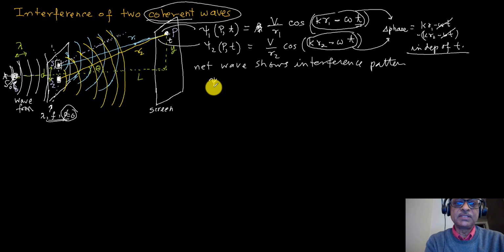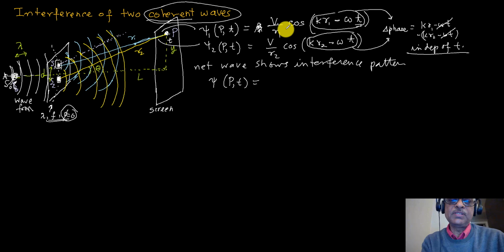The net wave is psi at p and t, and the first thing to notice is v over r1 and v over r2.